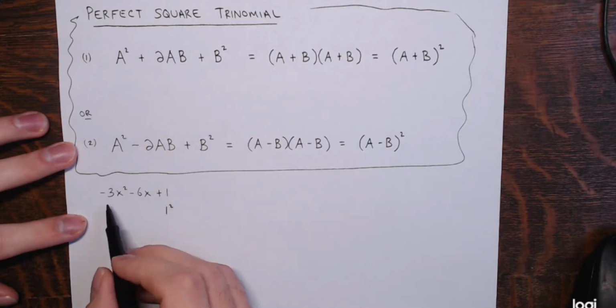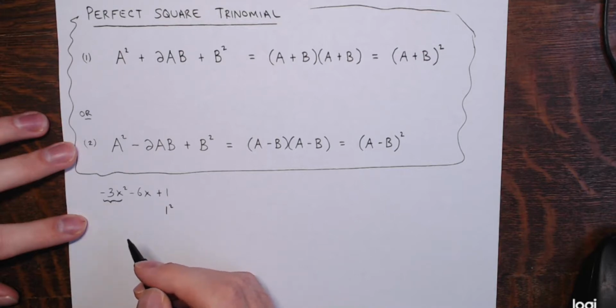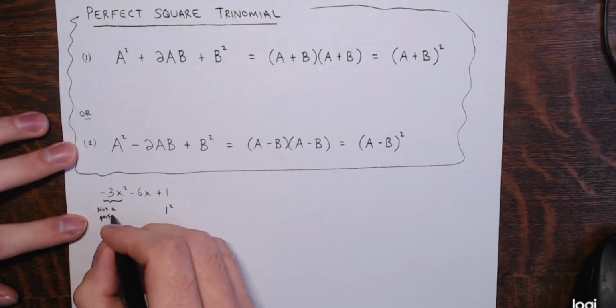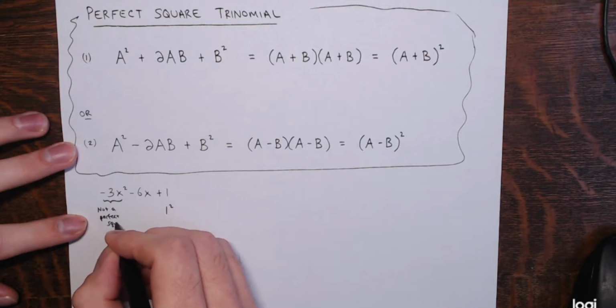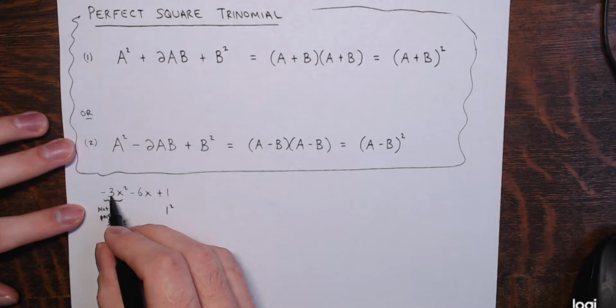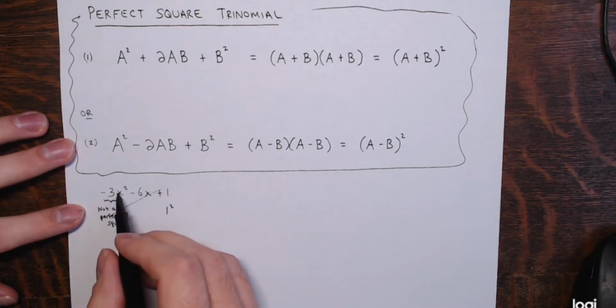But this is not a perfect square. This is not a nice square. Negative 3x squared, not a perfect square, I should say. I can't take any real number and square it and get negative 3. So no on that one. That's not a perfect square trinomial.